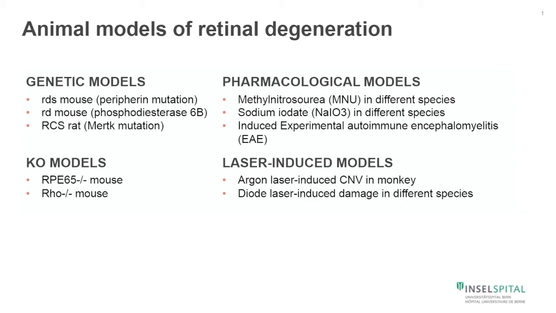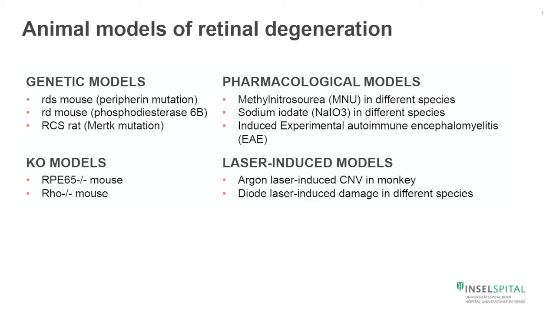Especially, I would like to talk today about some pharmacological models, like the sodium iodate model in different animal species, and also the model of experimental autoimmune encephalomyelitis, which has its origin in the brain, but where you can also measure effects in the retina.